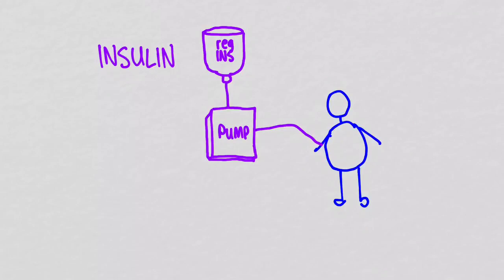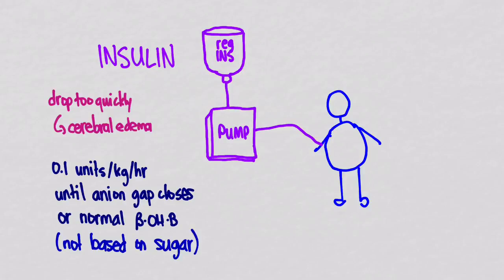So now let's talk about insulin. And we're going to use regular insulin. We're going to give it through a pump. And the thing that we want to avoid is dropping the glucose too quickly, because we think that might also cause cerebral edema. So you're going to give 0.1 units per kg per hour with no bolus. And you're going to keep this going until the anion gap closes or the beta-hydroxybutyrate level is normal.